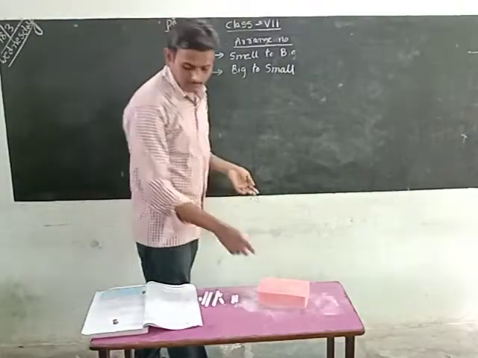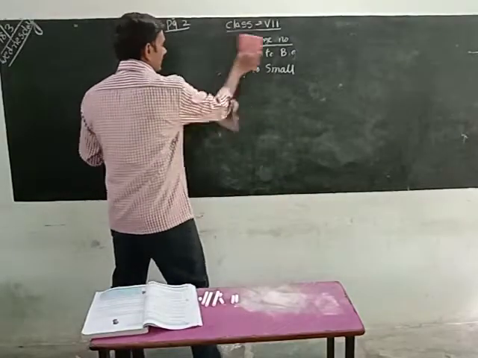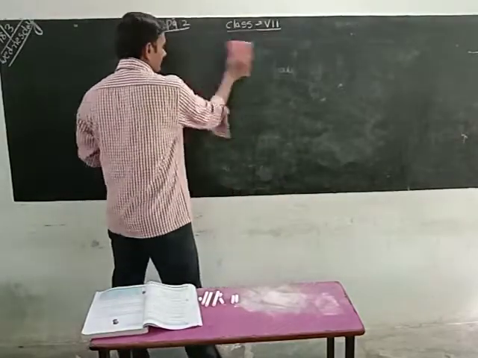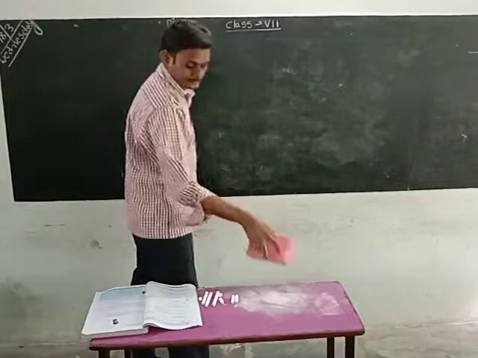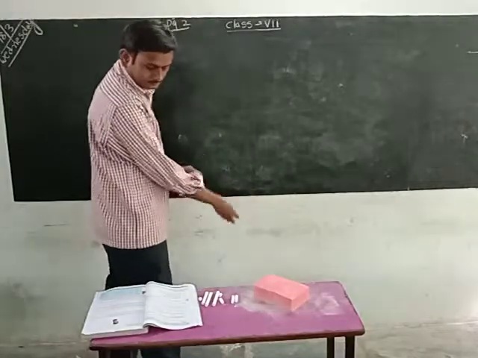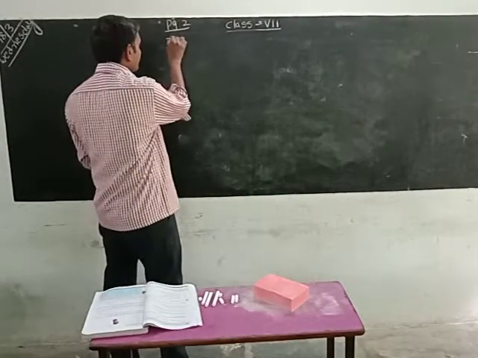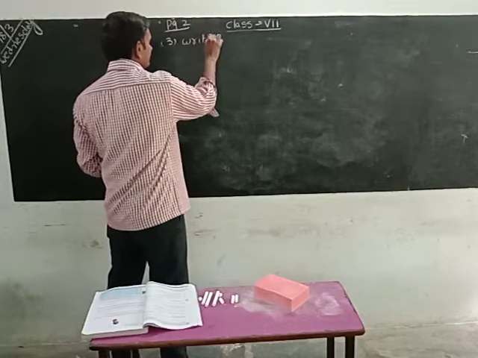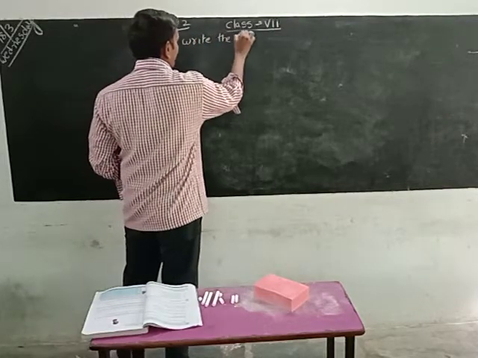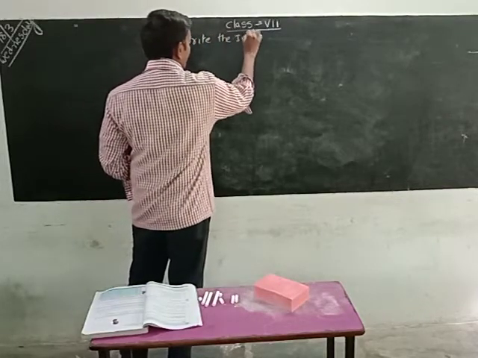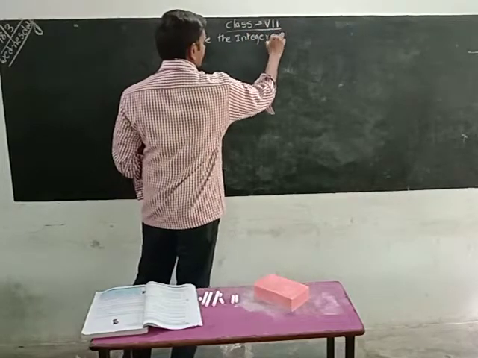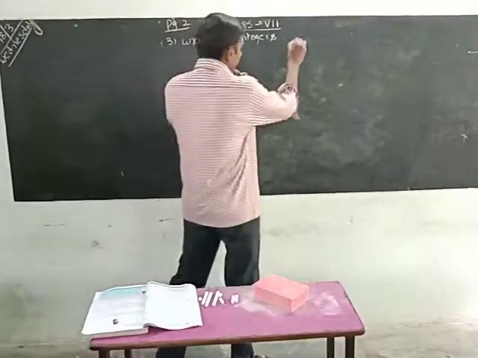We will discuss two sums related to this one. In each one we have 3 sums. I will explain 2 sums. Okay, third one. Write the following integers in ascending order.